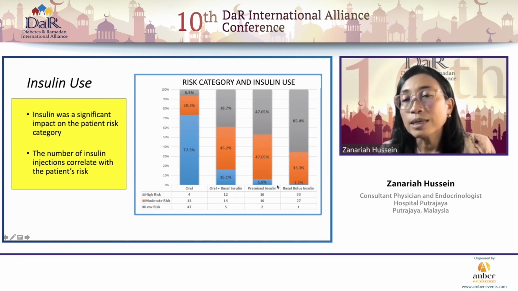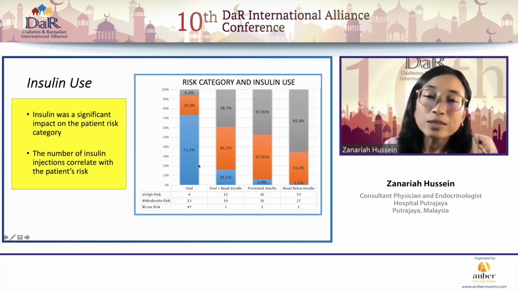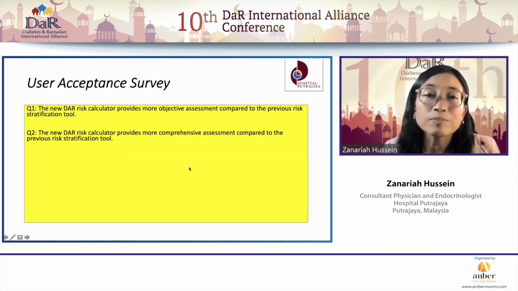So if you were on insulin, if you were on more complex insulin regimens, for example, base-bolus insulin or premix insulin, then you would already be placed in the high and moderate risk based on your total risk score, compared to if you were on an oral based glucose lowering therapy.